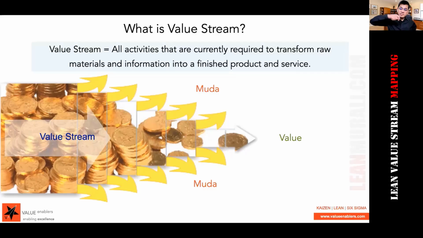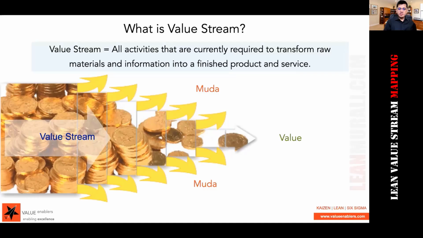And when you put it in and start stirring inside the kettle, there'll be a lot of evaporation losses. So similarly, in your organization also, when you're transforming the initial material into finished goods, there'll be a lot of waste, which we call muda. And only the finished good which is ready and accepted by the customer is of value to him.